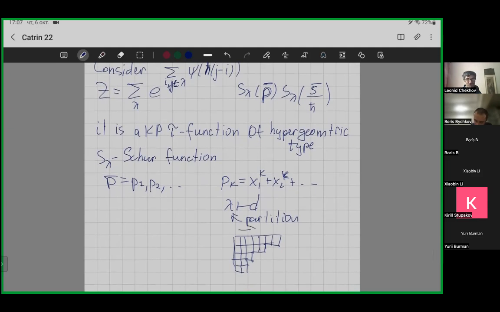We have coordinates i and j, and here this j minus i is the content of the boxes of this diagram, so it's just the difference between the coordinates. Okay, and this is the function Z.